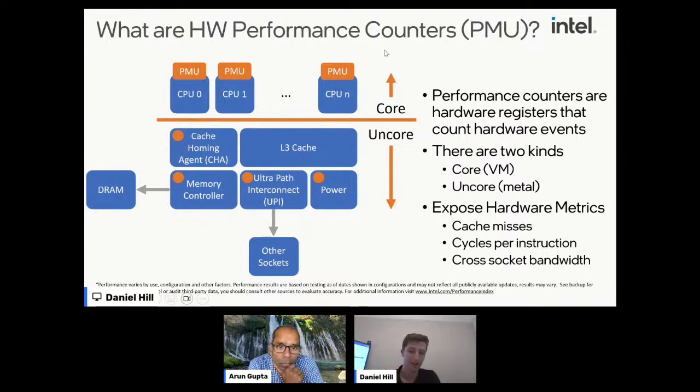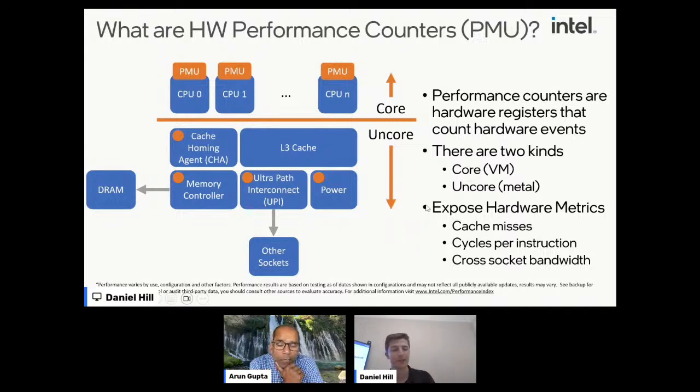There's the core, everything up here, and the uncore, which is everything down here. Inside of a VM, so that's these smaller M7i, C7Is that we're talking about, like a 2XL or something, you only have access to core, which is still invaluable. But once you get to those metal instances, that's when you can do some very detailed analysis using the uncore. So that's another thing to look forward to with the metal instances.